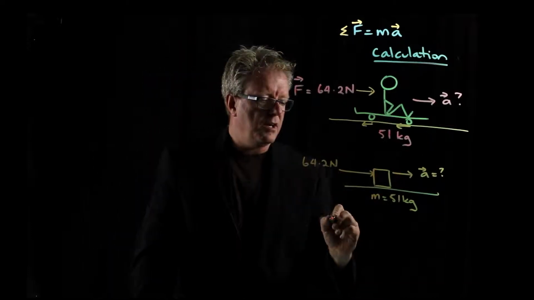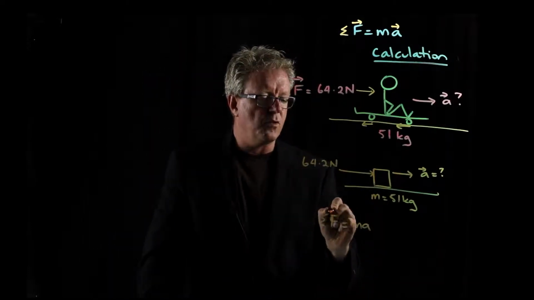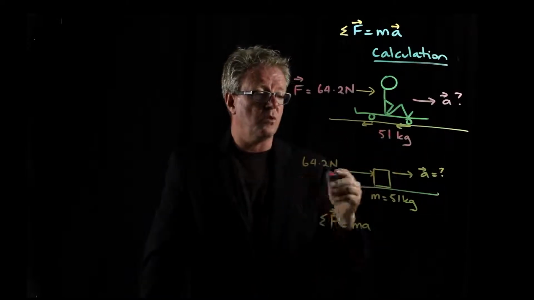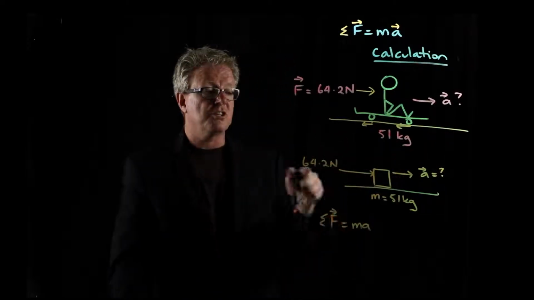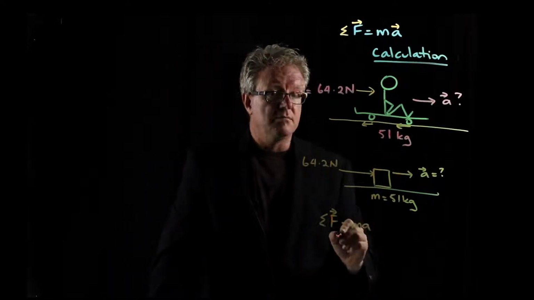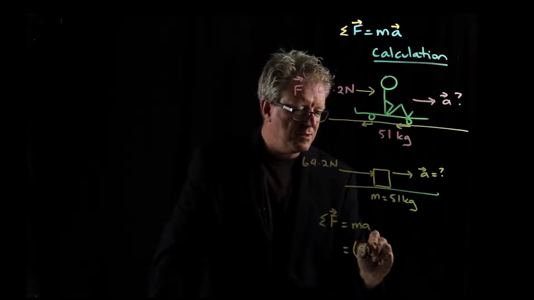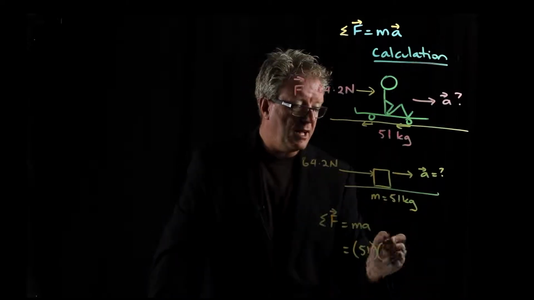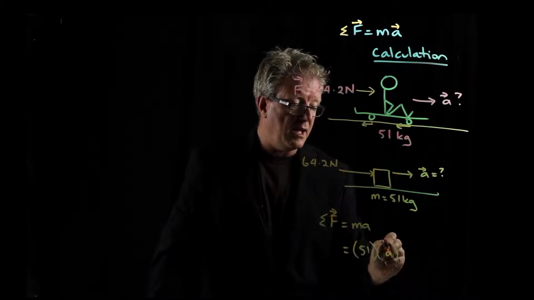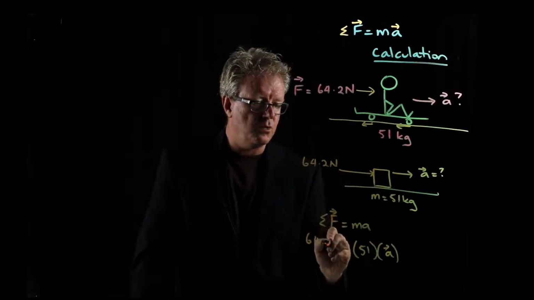We've got F equals ma, and it's the sum of all the forces in the x direction. Because we're ignoring friction, there's only one force now, and that's going towards the right. So we've got a mass of 51 kilograms, and we want to work out a. We don't know a, so I'll just put a there. We know the force here is 64.2.